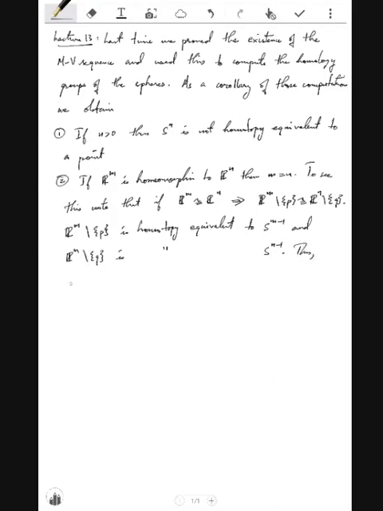Thus, we get m is equal to n by looking at the homology.